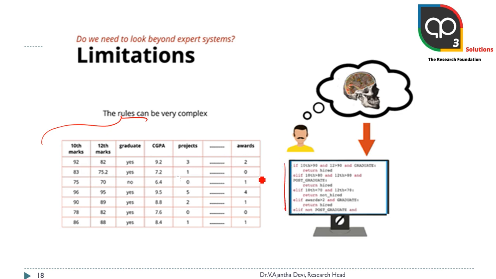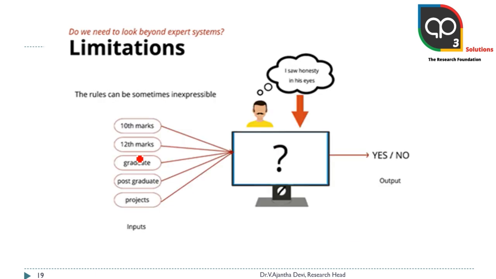If you just start writing the rules, there would be so many permutations and combinations that it becomes impossible at some point to remember everything and write it down as rules. It may be too complex to write them down. And in some cases the rules may just be nonexistent.